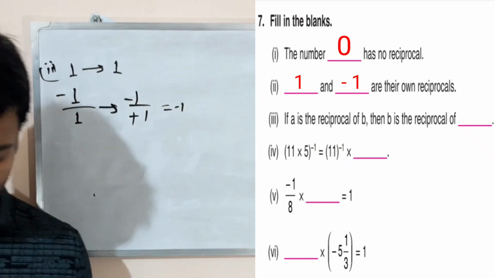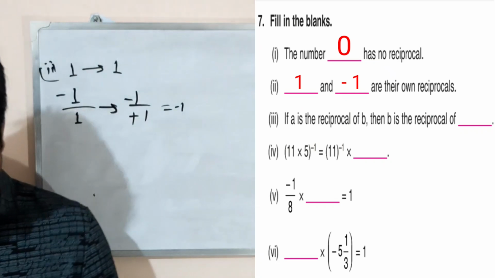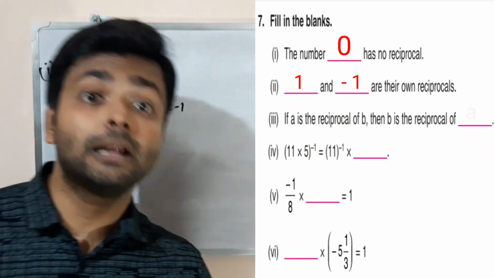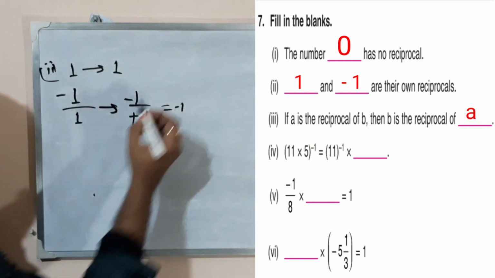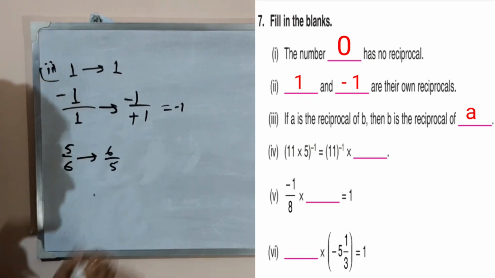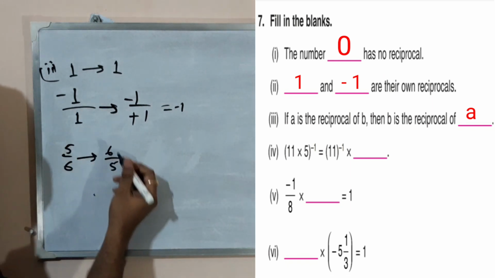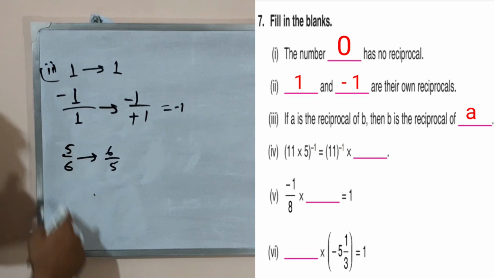So remember this. If A is the reciprocal of B, then B is the reciprocal of A. See, 5 by 6, its reciprocal is 6 by 5. So on this side also we can say that the reciprocal of 6 by 5 is 5 by 6.